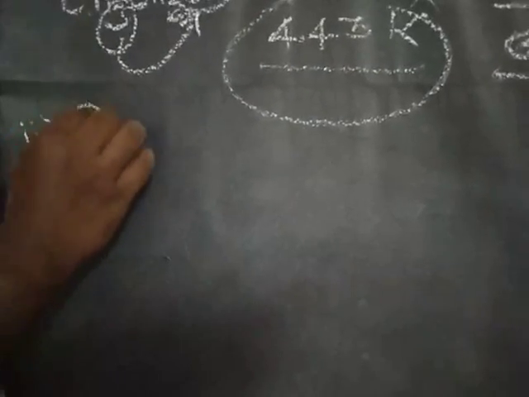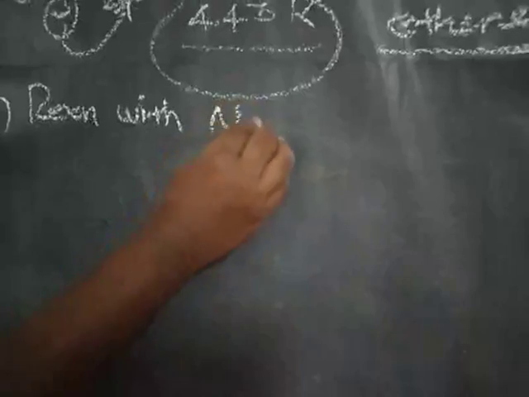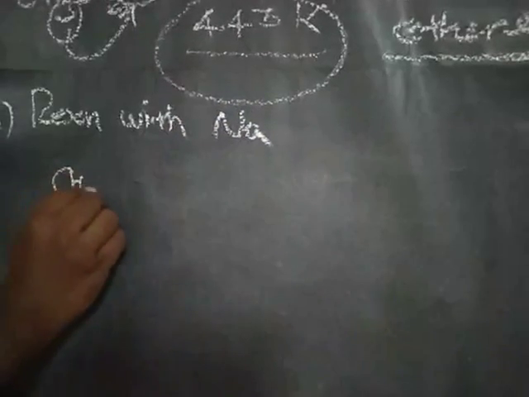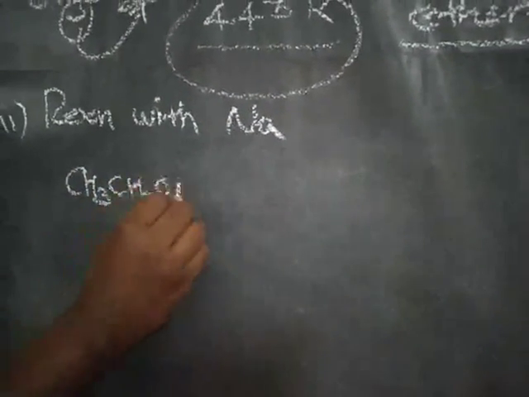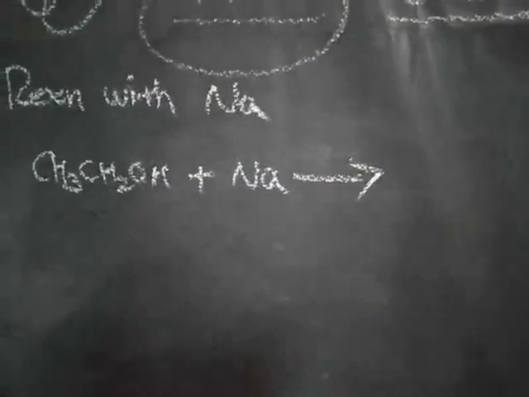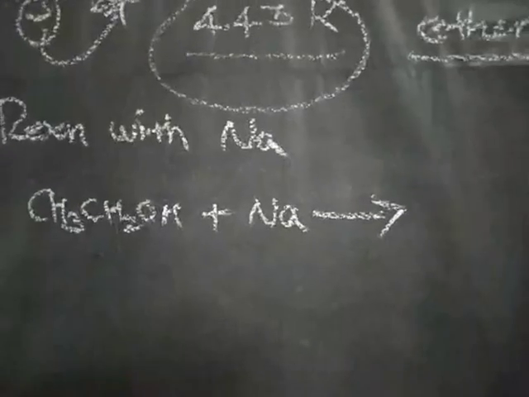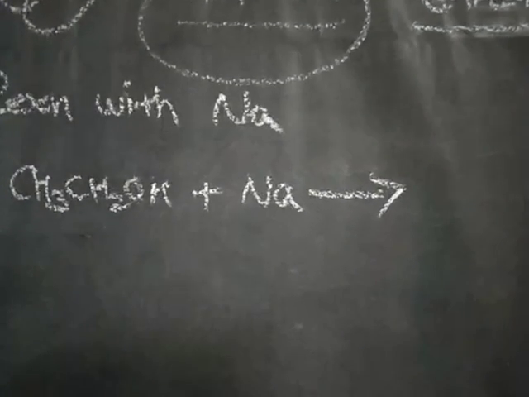Second one, reaction with sodium. Ethanol reacts with sodium metal to form sodium ethoxide and hydrogen gas.